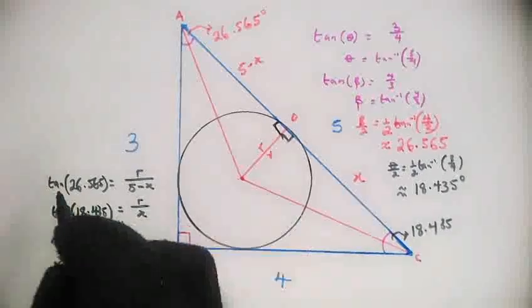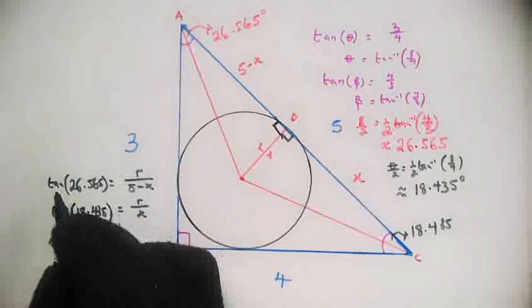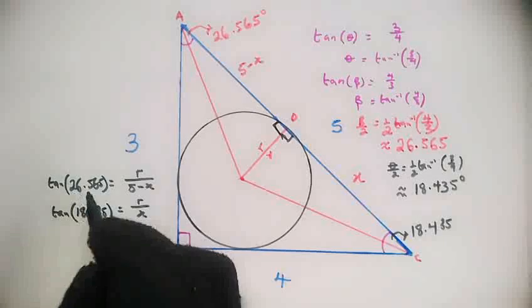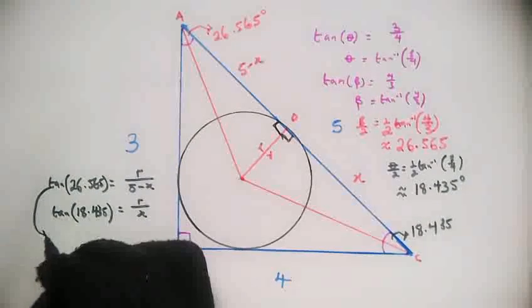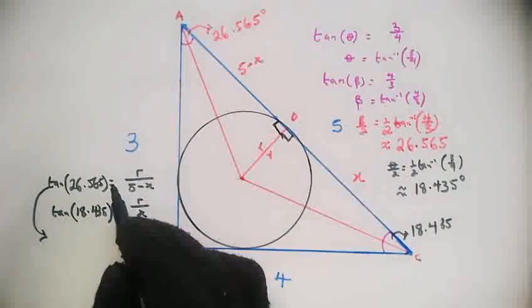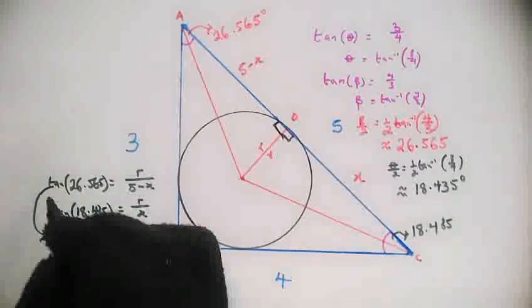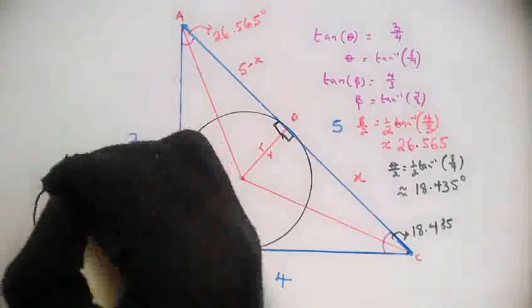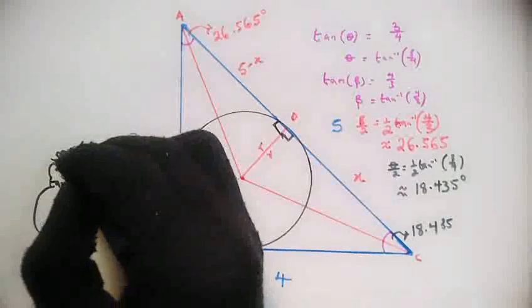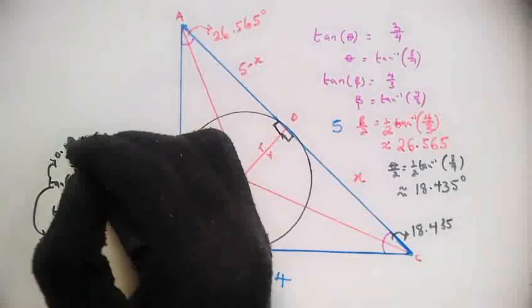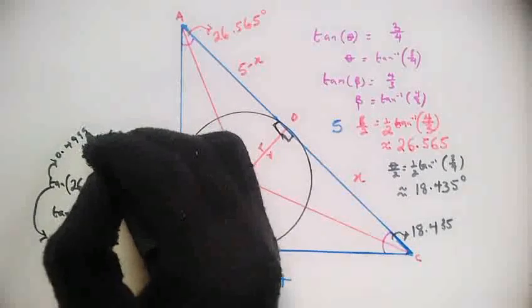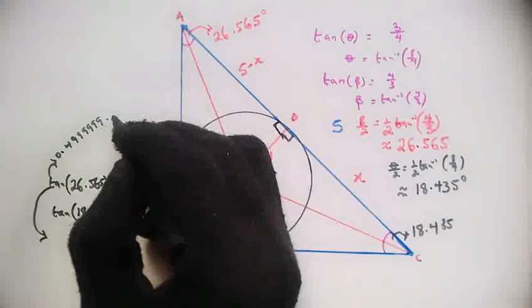Now when you use a calculator to evaluate tan of 26.565, it gives us 0.499999 and so on.